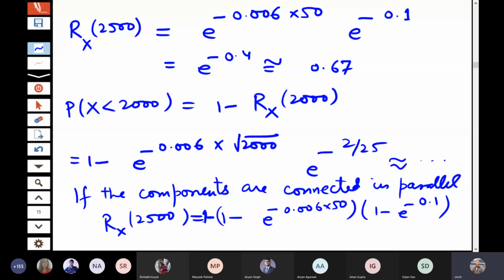So you can easily check now that this is approximately 0.98.